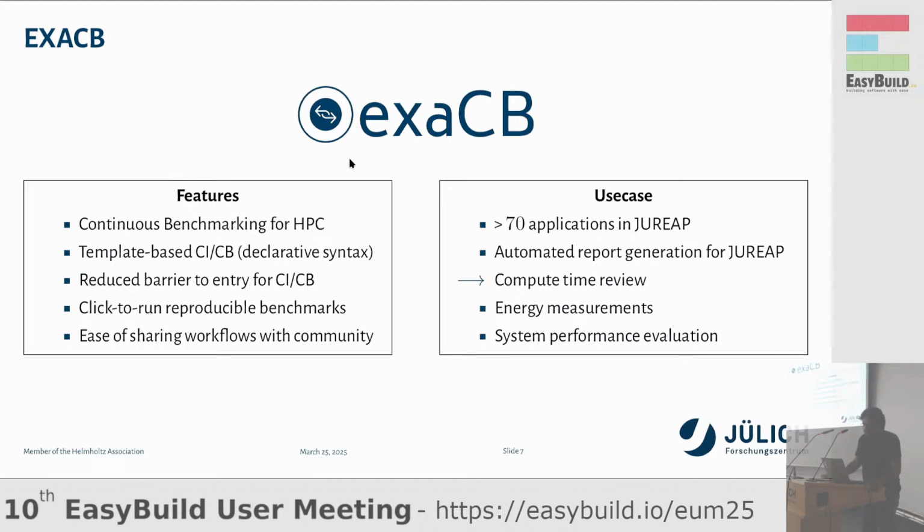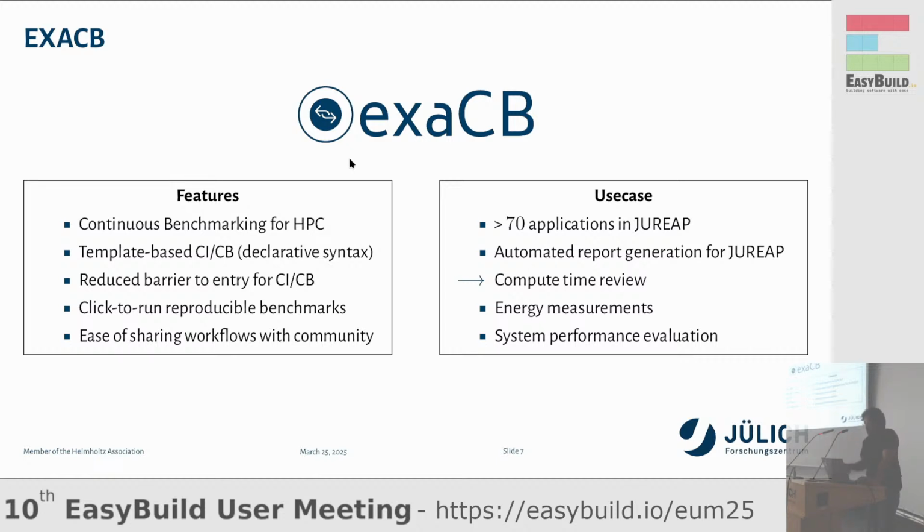Most importantly, when people have their benchmarks in the GitLab CI and are running them through that, on our systems we use the GitLab CI through Jacamar, which can run the CI on the supercomputers. We can share the workflow. So if an application has a bug or a problem, they can just give the link to the job to the sysadmin or the support person, and we can figure it out.